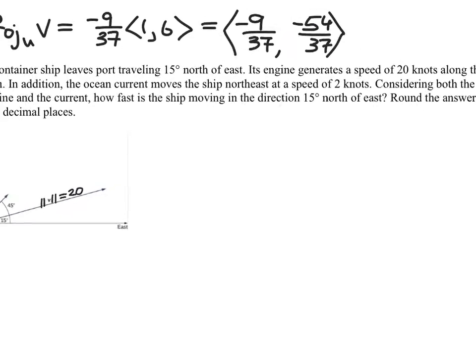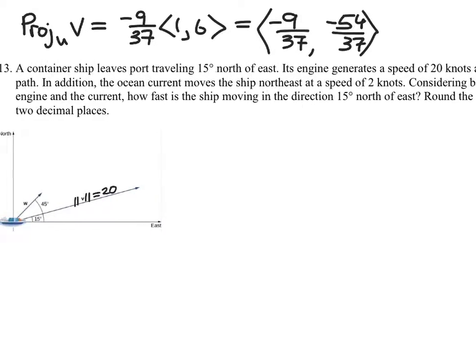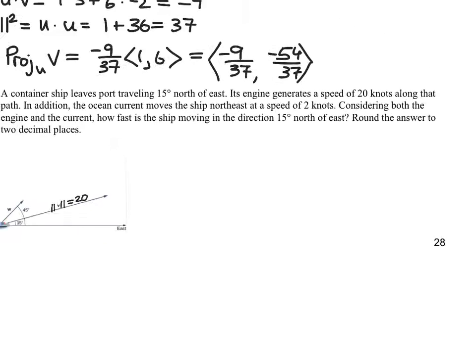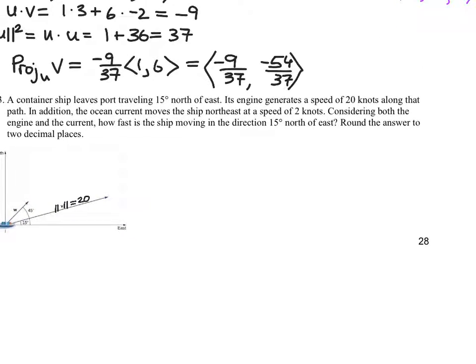Round the answer to the nearest 2 decimal places. So we're looking for a vector relationship, a projection of one vector upon the other. It's just a matter of working that into the process.